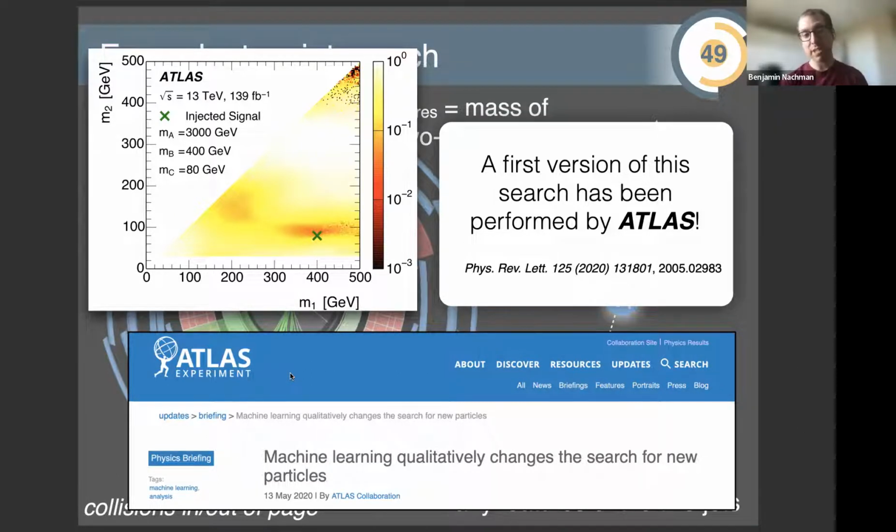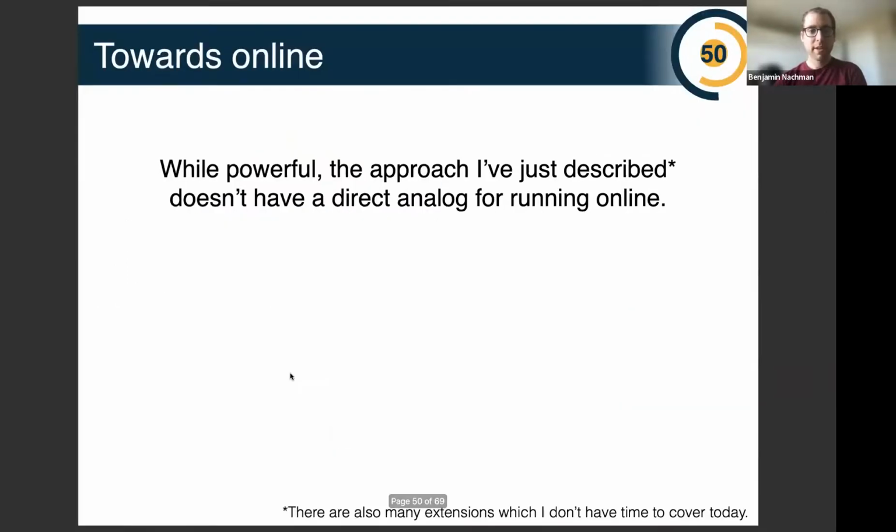So in the absence of injecting a signal, there was nothing significant found, but this approach already, even though it's low dimensional, has extended the reach of previous searches. And so this is really exciting, and there's going to be, for sure, a continued program of measurements like this going forward. Okay. So while powerful, the approach I've just described doesn't have a direct analog for running online.